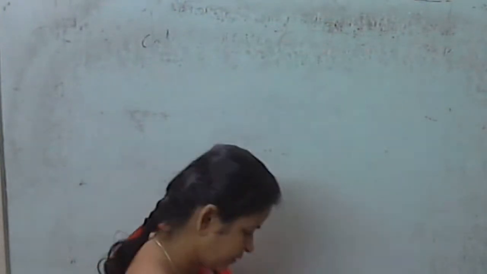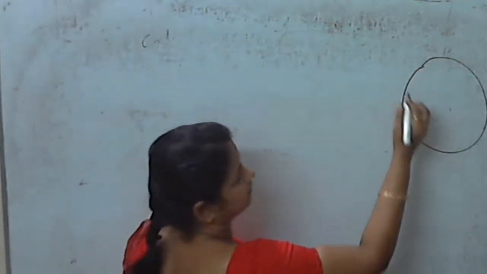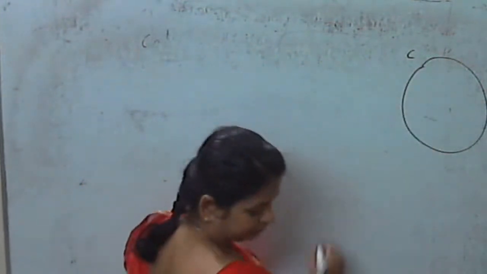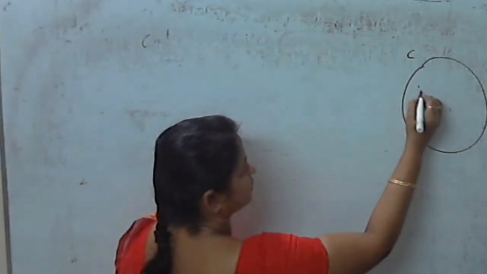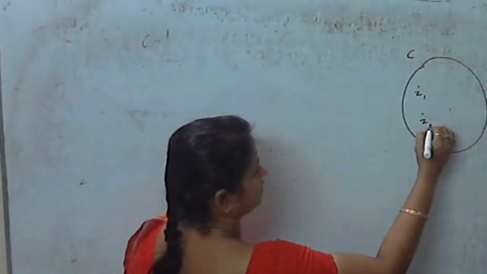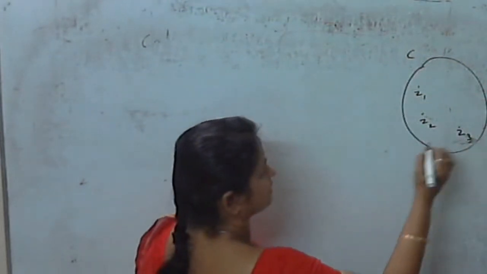Now let us go to the proof. So this is a closed curve C. z1, z2, z3, these are all poles, some poles.